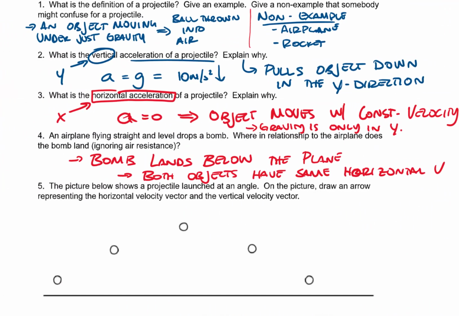The picture shows a projectile launched at an angle. So let's do the horizontal velocity vector and the vertical velocity vector. Well, I know horizontally, if we're looking at it, we'll do that in blue. There's no acceleration, so the x velocity is going to stay the same the entire time.